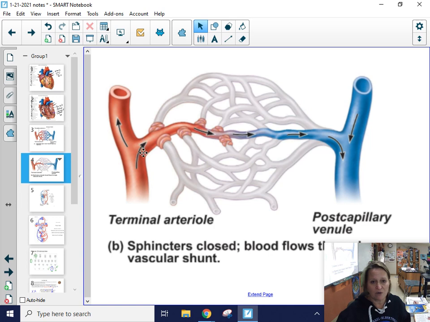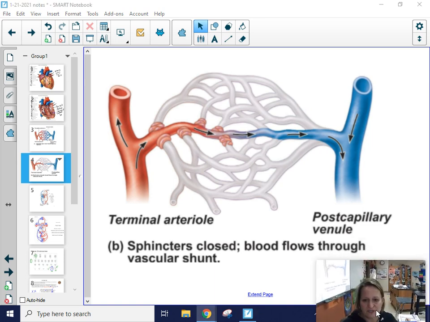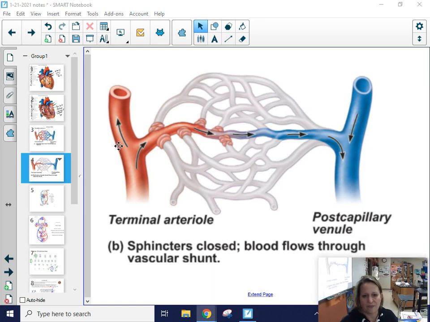So if you are at rest, we would just have one main way to get through this capillary bed, going from oxygenated blood, and just to keep the tissue alive, we need some of the oxygen taking off and the carbon dioxide coming back in, and then this is going to go back to your heart. So the sphincters would cause it to go through just this one shunt.